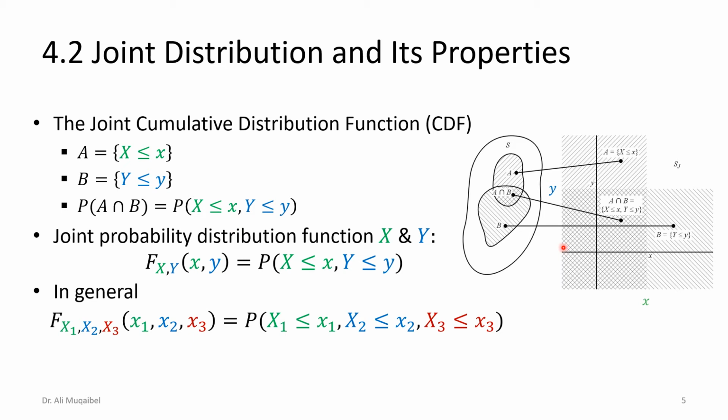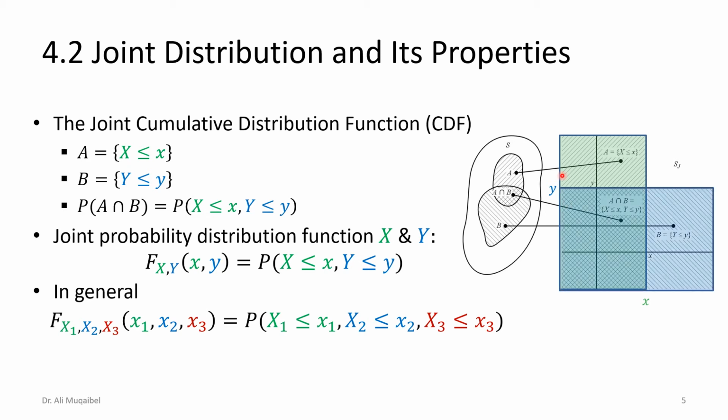Look at this curve here. We have x and y. For the event A, we are considering everything below x. And for the event B, we're considering everything below the vertical axis point y. So we're considering everything here in the intersection region. Now, the joint probability distribution function will satisfy both at the same time, and that's what we call the CDF.